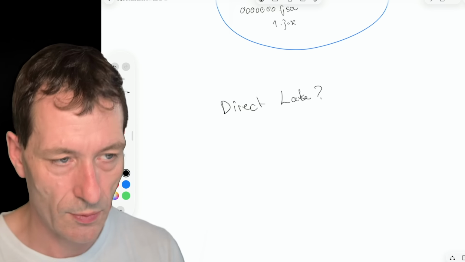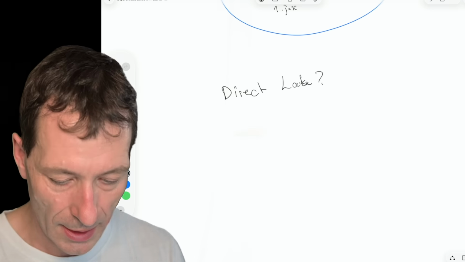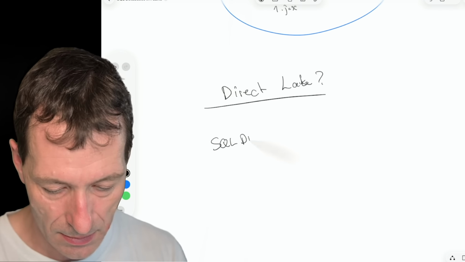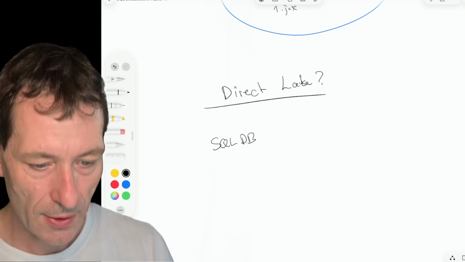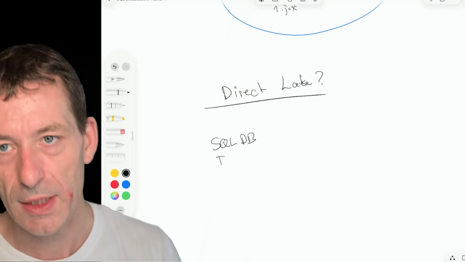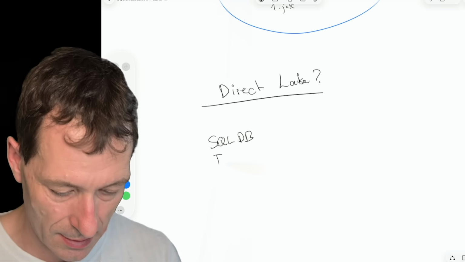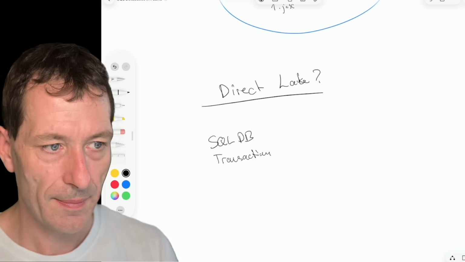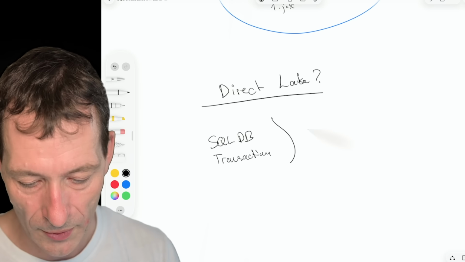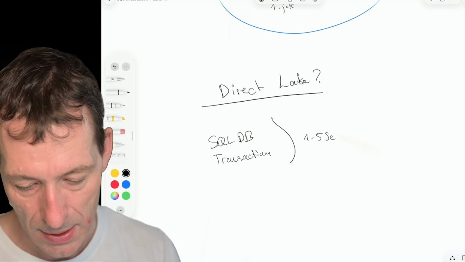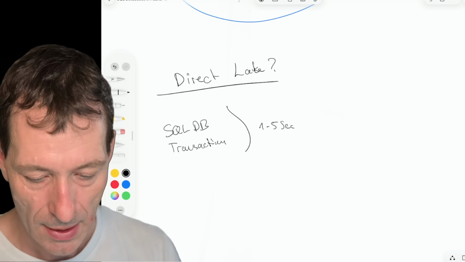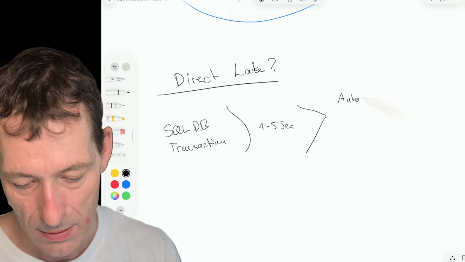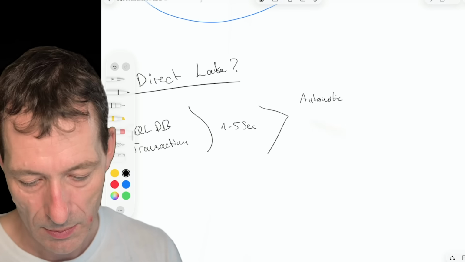How does this work? So again, we start with our SQL DB. The SQL DB has transactions, as we talked about, like updates, inserts, deletes. 1 to 5 seconds. These transactions are replicated to the automatic mirror.